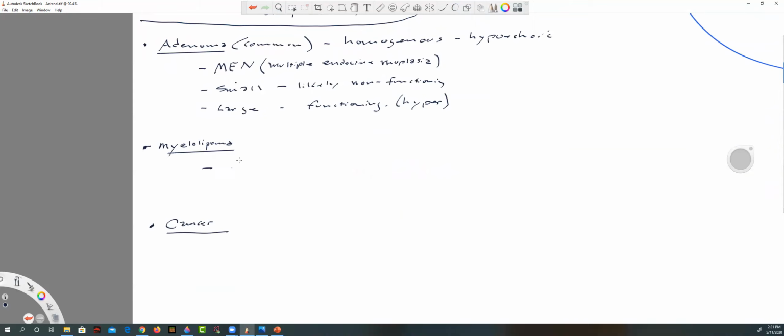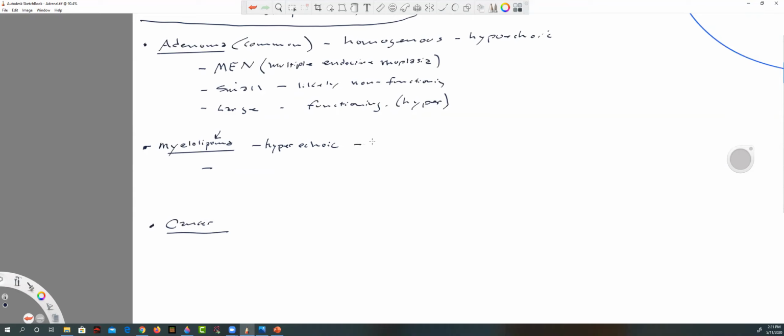Myelolipoma. When you see them, I had to increase my canvas size, and I could totally tell. They are hyperechoic. They are a lipoma, myelolipoma.